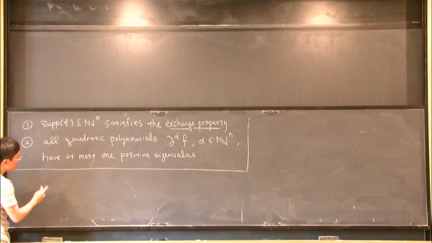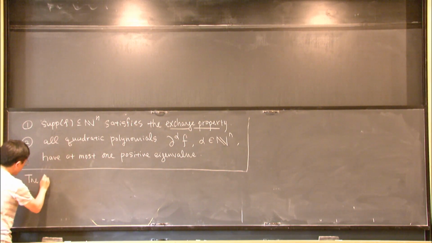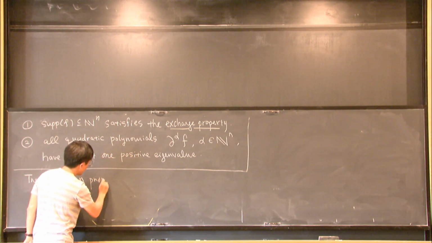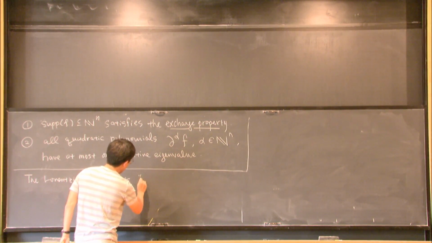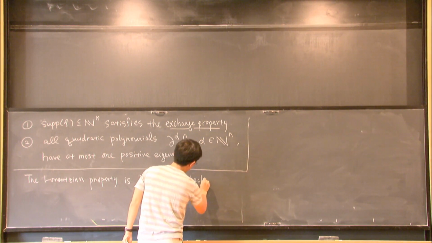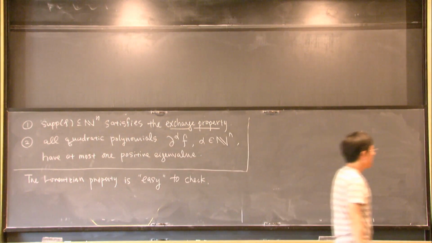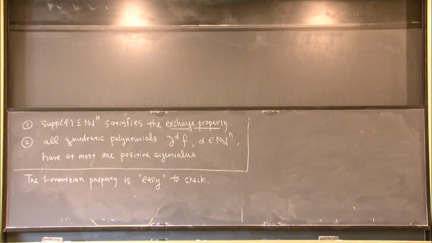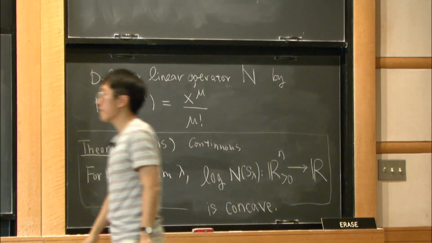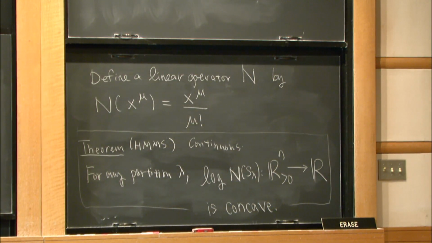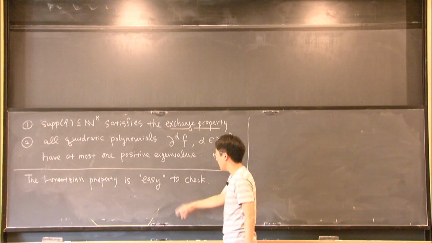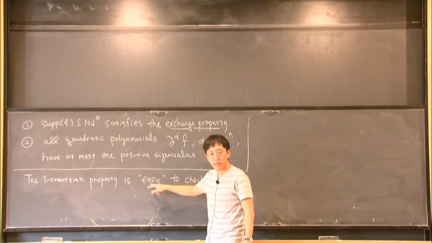And let me just convince you at least that this Lorentzian property, conditions 1 and 2, is very easy to check, say, compared to one of its consequences like this. Things like this are hard to make precise. It depends on who you are, and on what you're comparing it to. But think of this.